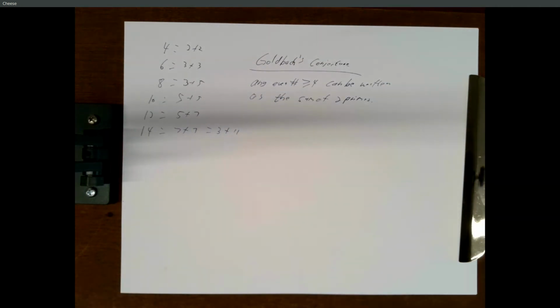And so this has been studied numerically up to large numbers. You just keep generating even numbers, try to write them as sums of primes. It's been studied mathematically up to extremely large scales, and people generally believe this is true, but nobody's ever proven it. Okay, it's one of those number theory things that's easy to state, but really hard to prove.